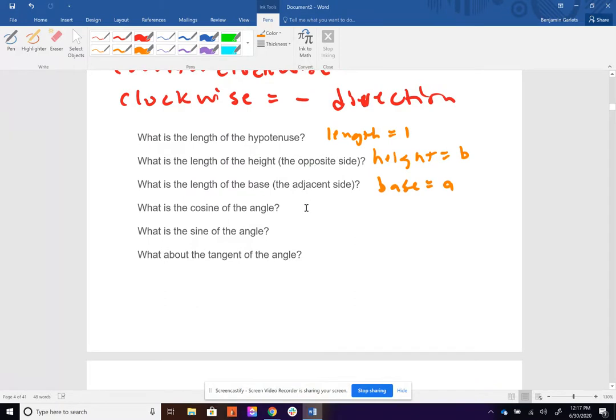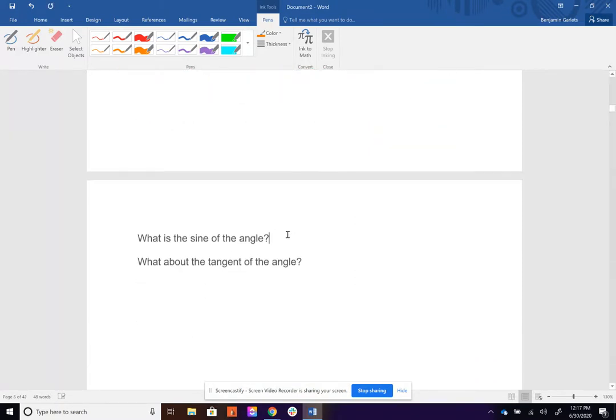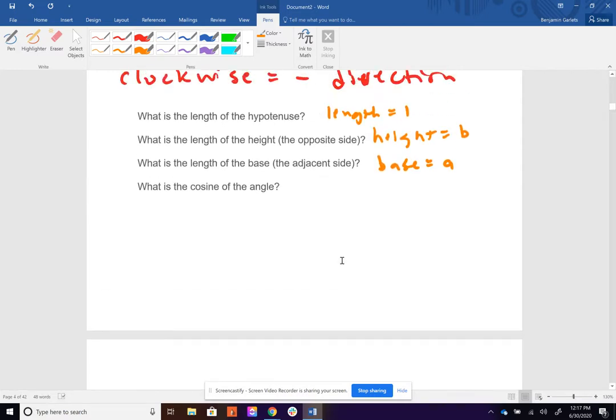Okay, so now that we've got things established here, this generic unit circle, we've got some questions. First one dealing with cosine, second one dealing with sine, and the last one dealing with tangent. If we think back to our acronym, SOHCAHTOA, cosine has the CA. Cosine is equal to adjacent over hypotenuse.